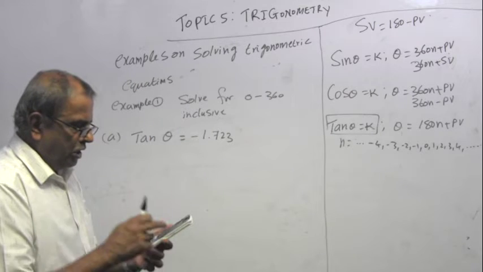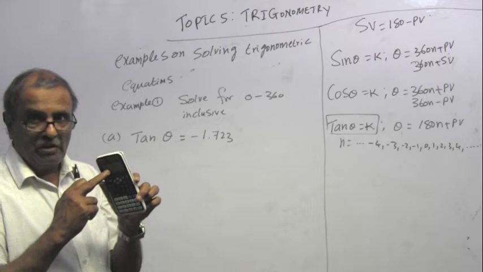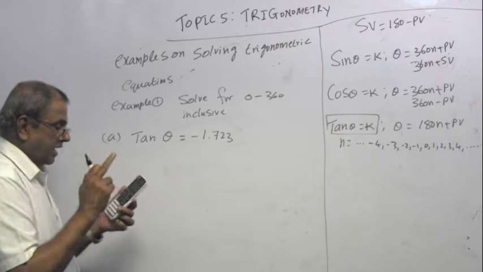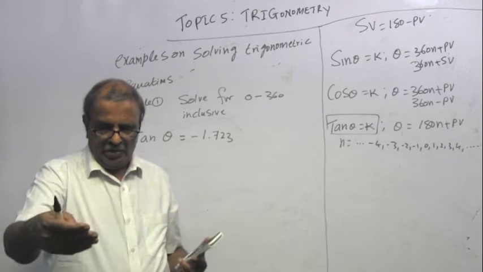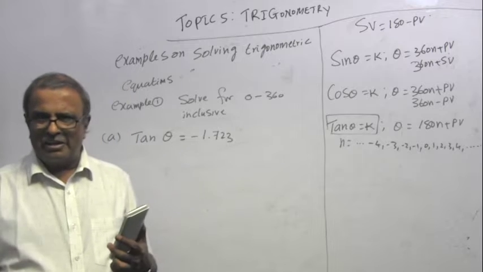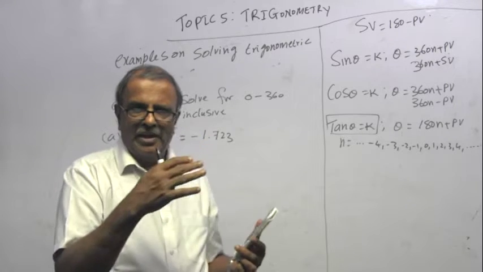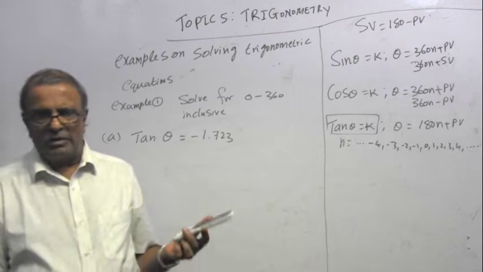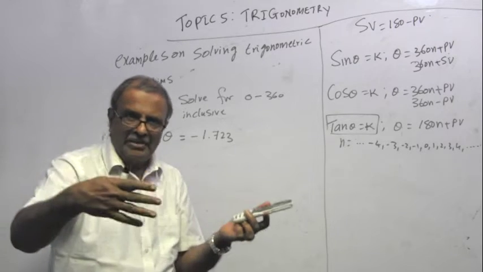Please make sure the mode is in degrees, D, because later on we'll do with radians as well. I remember an exam where a student, in question 2, had converted to radians because it was something else. Later on, throughout, he used radians, and he ended up losing quite a number of accuracy marks because most of the questions were on degrees.